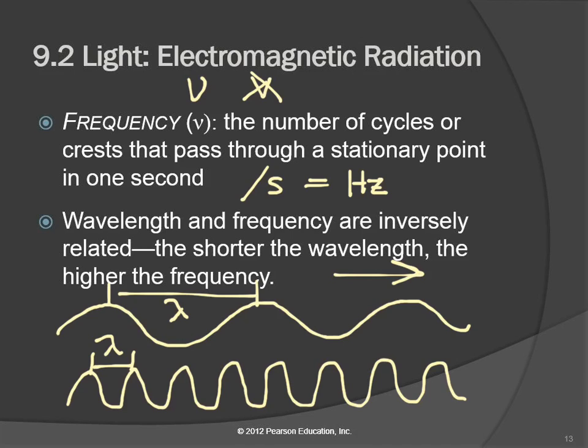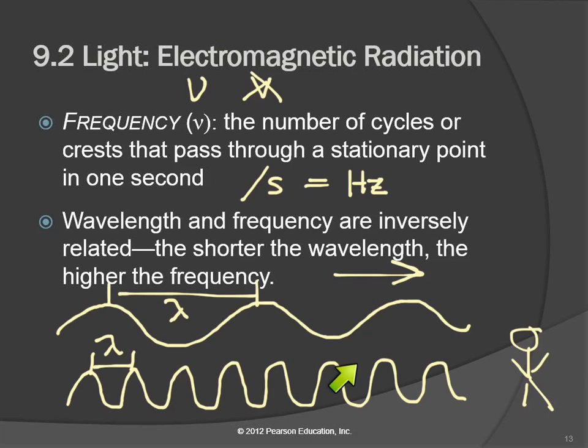So imagine that someone is standing here counting the waves, the crests of these waves as they go by. They're both moving at the same speed. Is he going to have to count faster for the top one or the bottom one? The bottom one. In the same amount of time, this bottom one is going to have a lot more crests pass through.